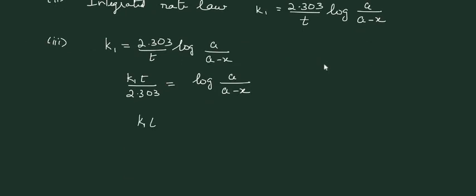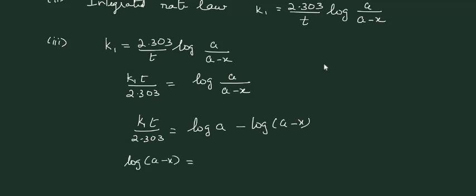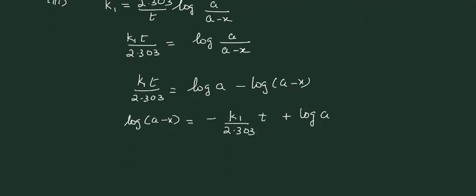Or K1T divided by 2.303 is equal to log A minus log A minus X, or log A minus X is equal to minus K1 divided by 2.303 T plus log A. This equation is of the form y is equal to mx plus c.